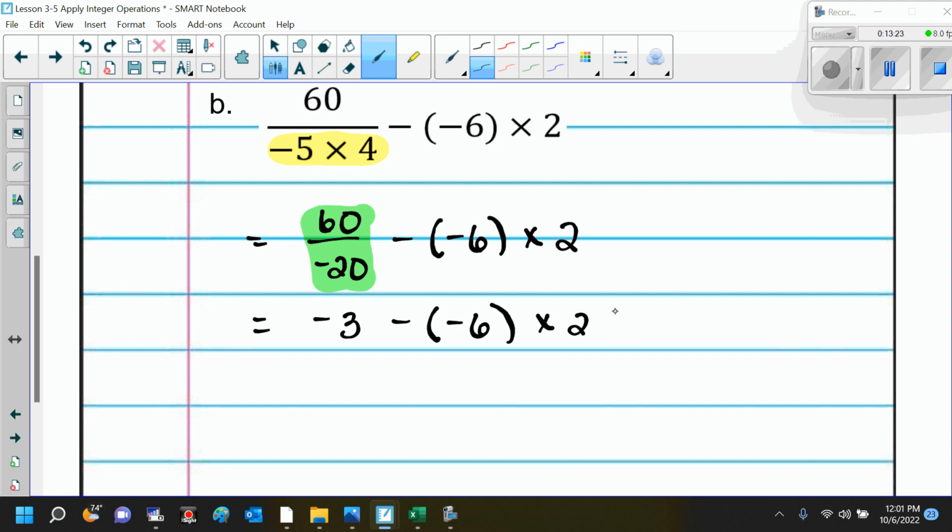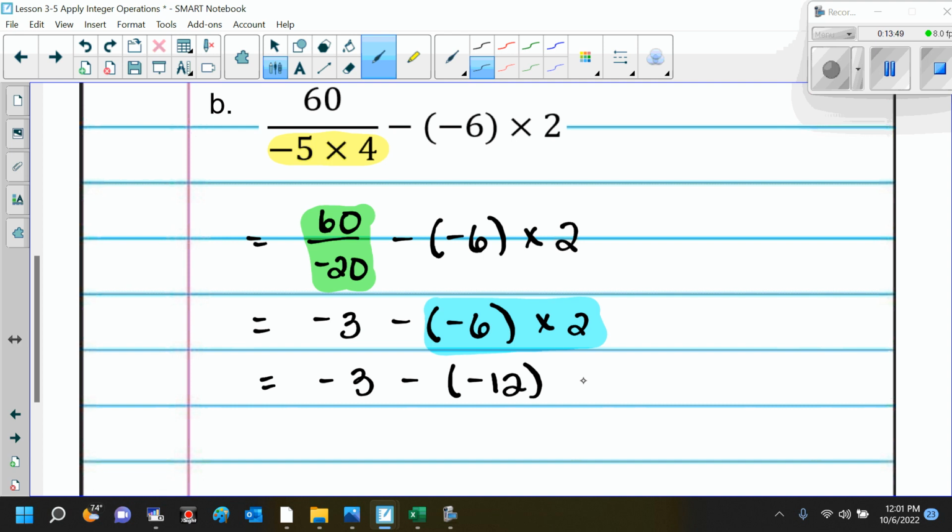Now what am I going to do? Negative 6 times 2. We have to do that multiplication first. Okay? So now, what's negative 6 times 2? Negative 12. So we have negative 3 minus negative 12.